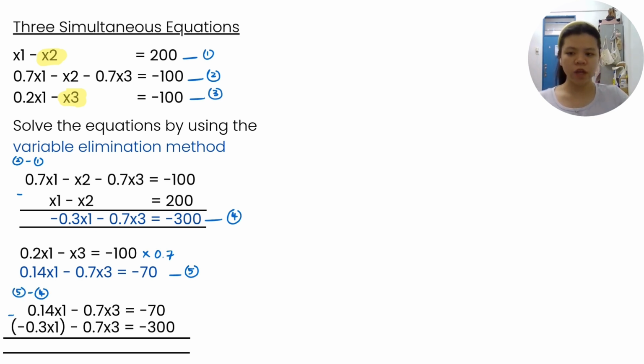Let the answer become equation 5. And now we will use equation 5 minus equation 4, which are 0.14x1 minus 0.7x3 equals negative 70, minus negative 0.3x1 minus 0.7x3 equals negative 300. After that, we will get the answer 0.44x1 equals 230.